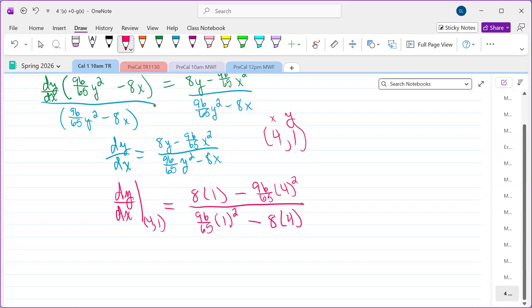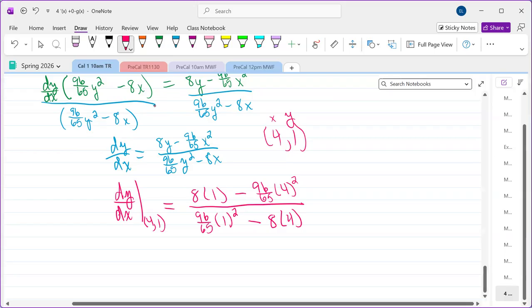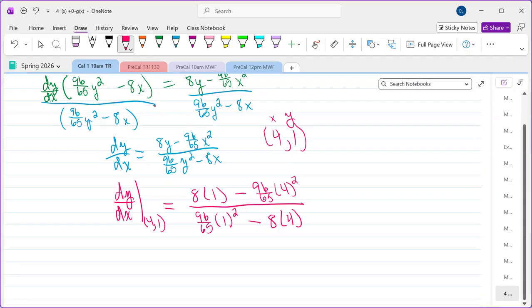And this is the point where you use your calculator. That is stupid looking to mess with by hand. So 8 minus 96 over 65 times 16. And then 96 over 65 is 32.